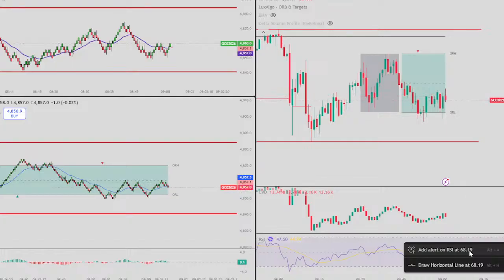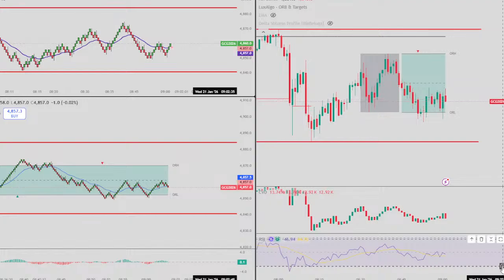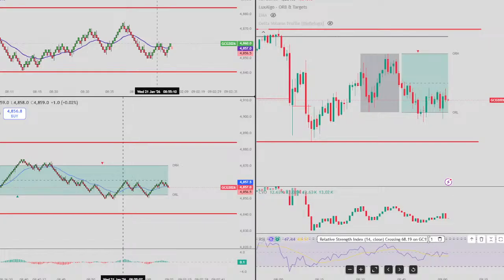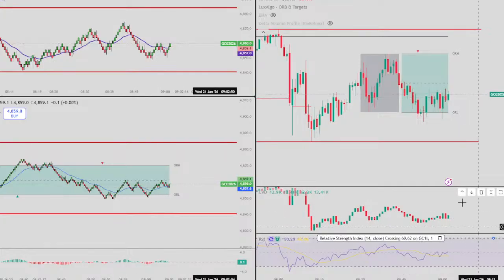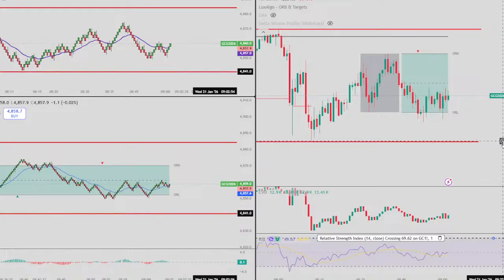We're going to add an alert. I'm going to add one down here. Yeah, this one needs to get moved. Right there. Then I'm going to set an alert here.